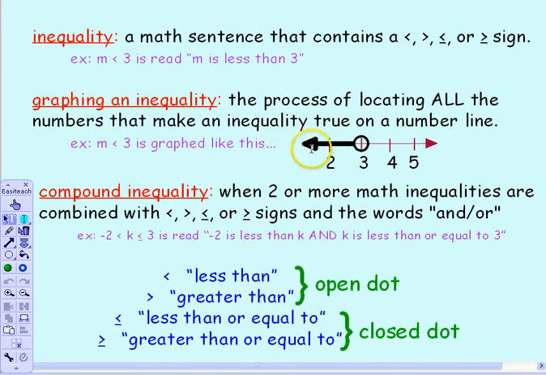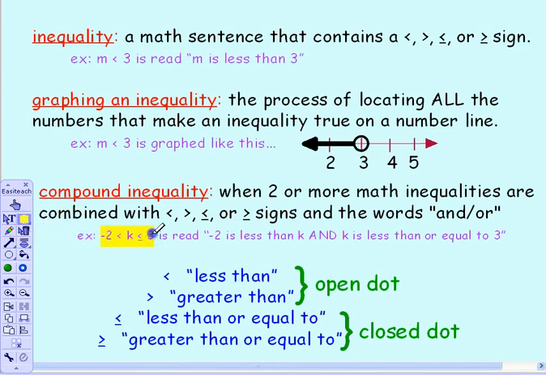A compound inequality is when you have 2 or more math inequalities. So we've got 2, like a greater than or a less than or equal to, greater than or equal to, less than or equal to. We've got 2 things going on. So in this case, let me highlight for you.